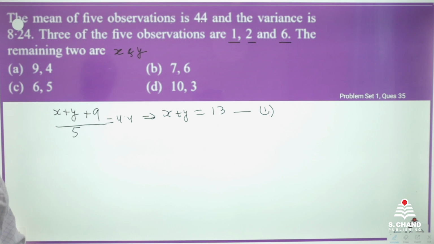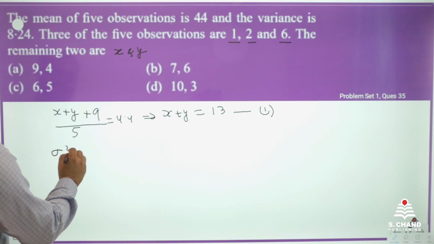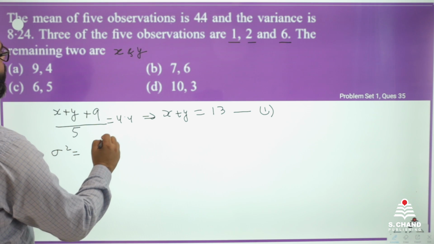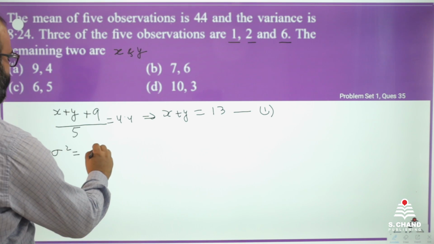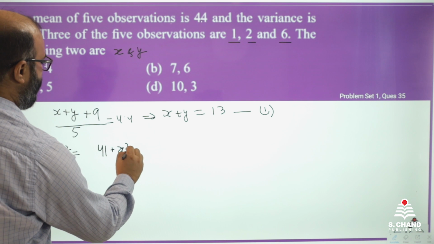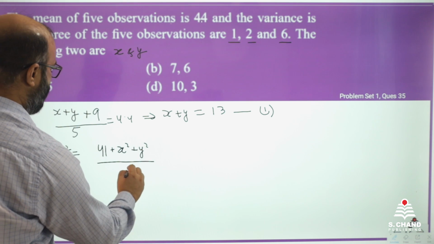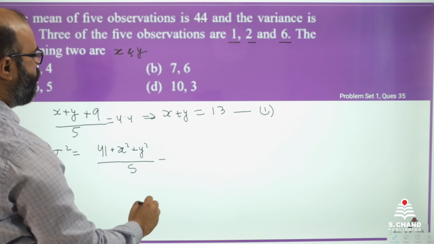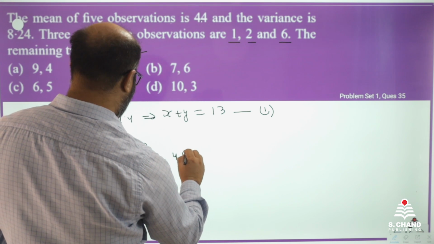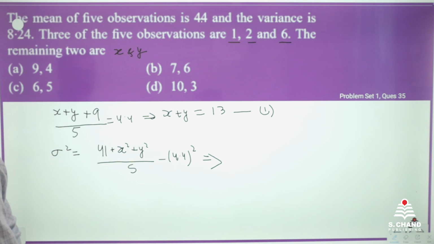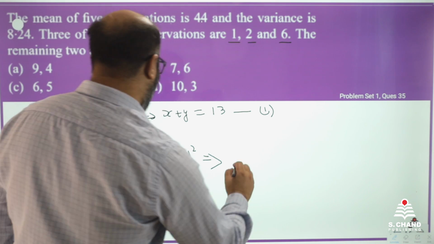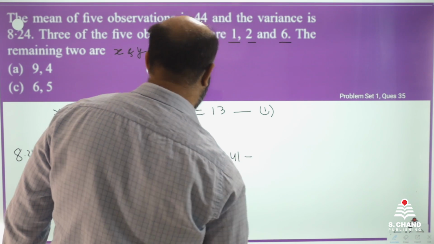Another equation you can form by taking the variance, which is sigma of xi square divided by 5, that is 1 square plus 2 square plus 6 square, which becomes 41, plus x square plus y square, upon 5, minus the square of the mean, 4.4. Since sigma square is 8.24, you can write this as 41 minus 4.4 square.